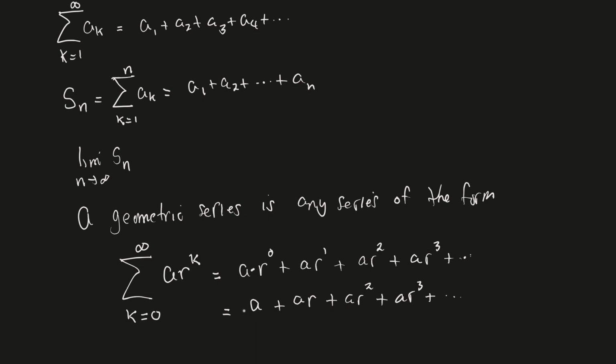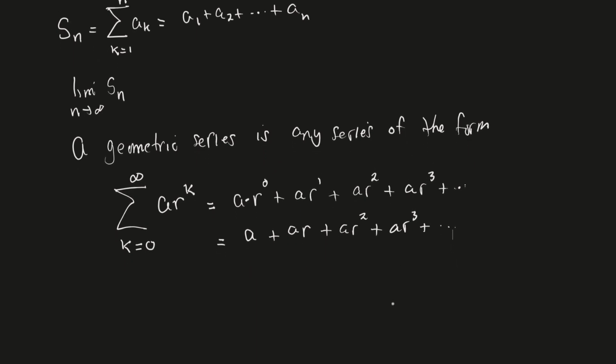You start with a number, and then you successively multiply by another number r. So you start with this first term, and we multiply by r, and we get the second term. We multiply by r again, and we get the third term. We multiply by r again, we get the fourth term. So it's this successive multiplication by r that generates the subsequent terms, and for it to be a series, we have to add them all together.